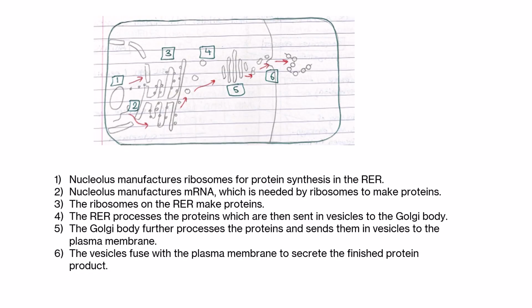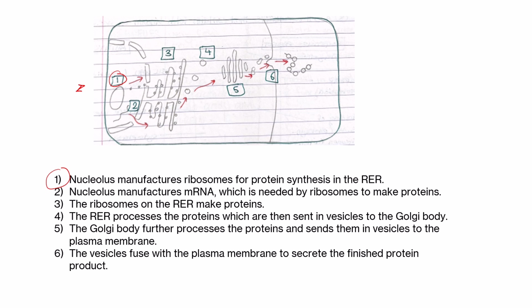Okay, so over here, this diagram. Number one is going to correlate with step number one, and same thing with numbers 2, 3, 4, 5, and 6. Number one, the nucleolus is going to manufacture ribosomes for protein synthesis in the RER. Then the nucleolus also manufactures mRNA, which is needed by ribosomes to make proteins.